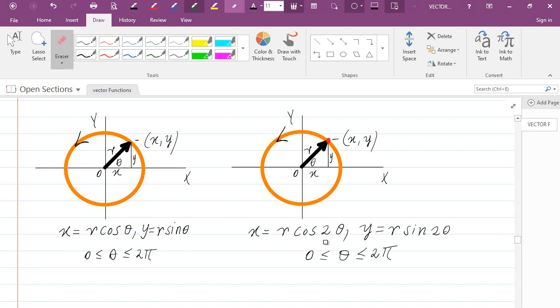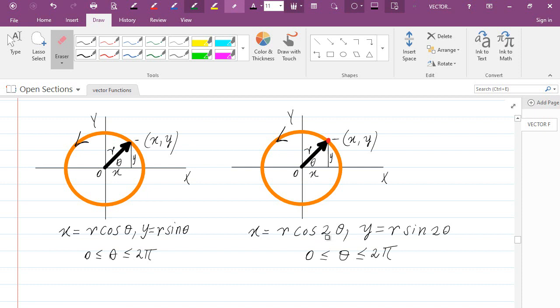In the second picture, x is r cosine 2 theta, y is r sine 2 theta, and theta is between 0 and 2 pi. Now what's the difference between the two? We know the first one already: it is a parametrization of the circle traced exactly once counterclockwise. What's going on in the second one? The difference is that we now have 2 theta instead of theta.